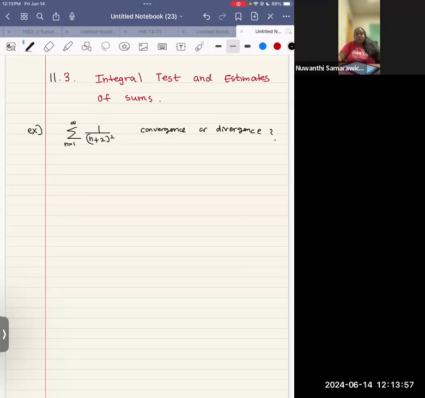So we need to know which type of test we are going to use. Here we use a test called the integral test.